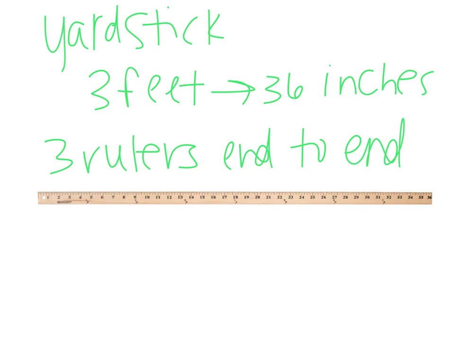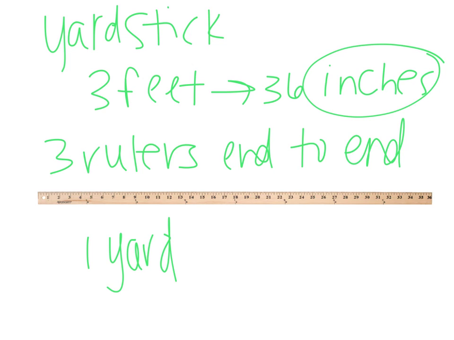So obviously our yardstick is going to be longer than our ruler. Again, when measuring with a yardstick, you'll be using the unit inches. All of this is also equivalent to 1 yard. So it's pretty easy to remember that if you have an entire yardstick, it's 1 yard.